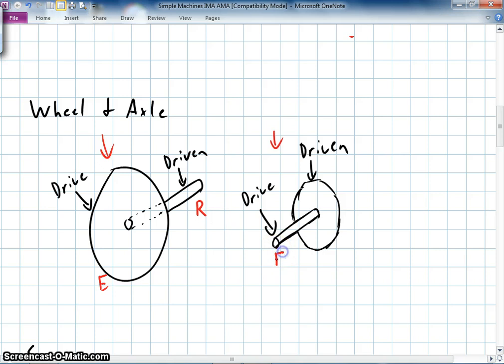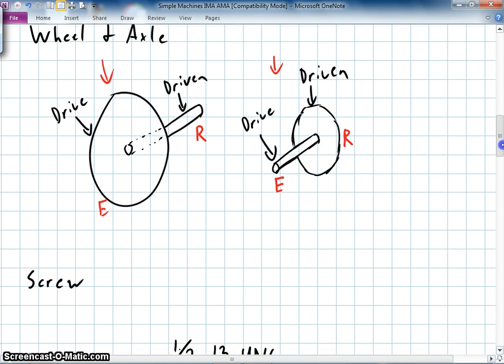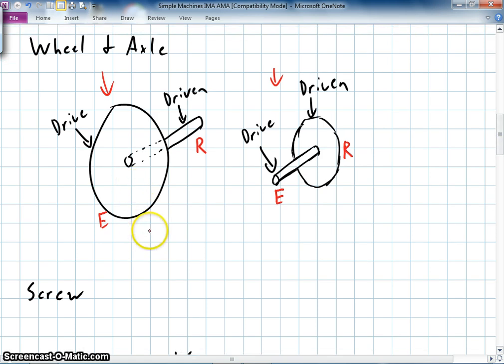And in the other situation, it's the opposite way around. In the first situation, the IMA will be above 1 because the effort is the bigger number. In the other situation, it'll always be less than 1.